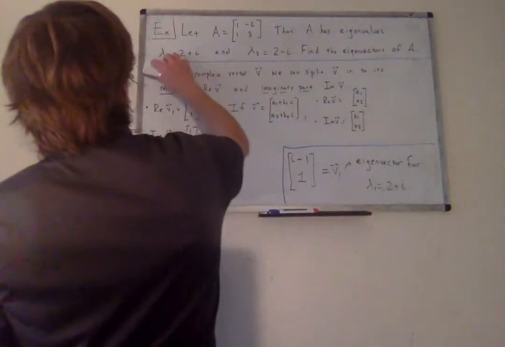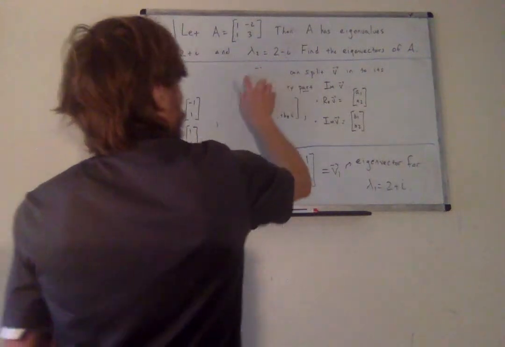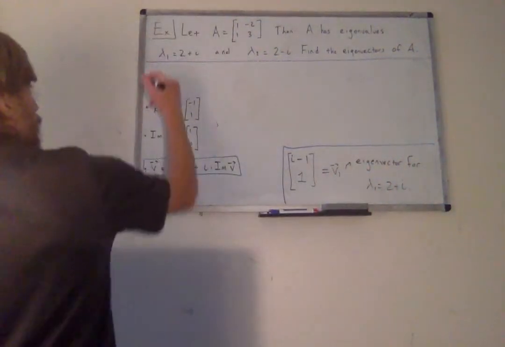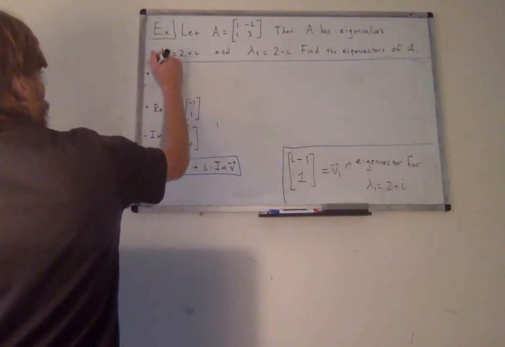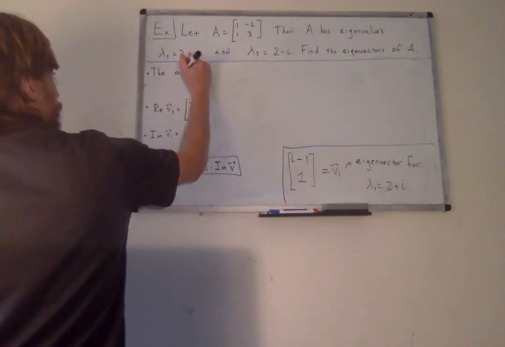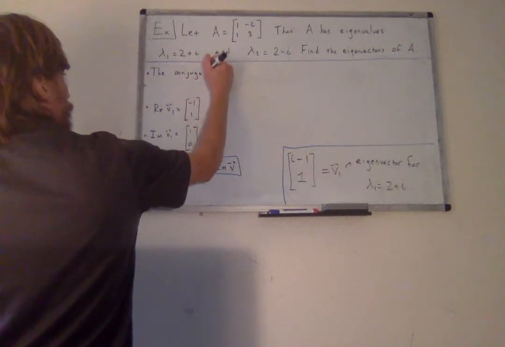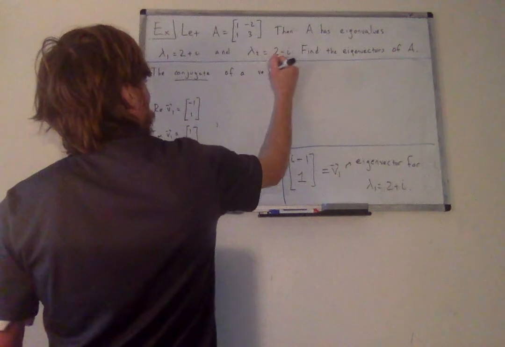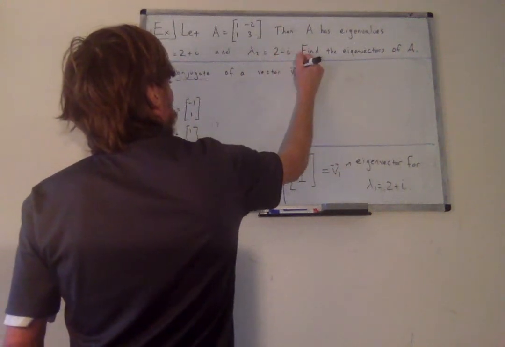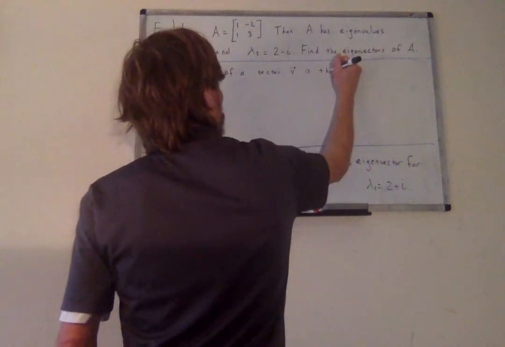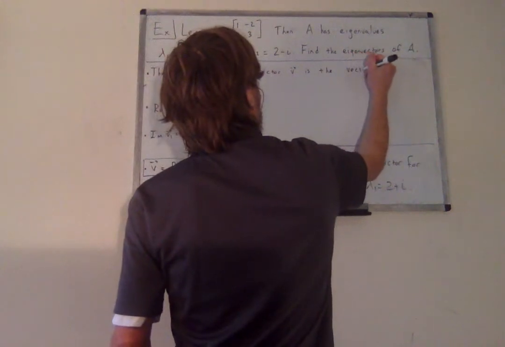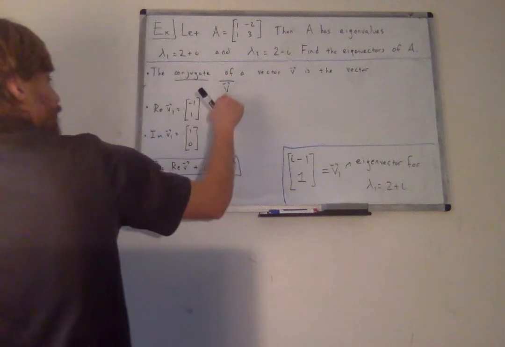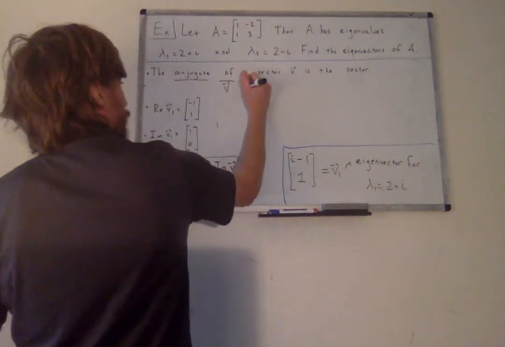And so the conjugate of a vector is basically how we define the conjugate of a number. It's just the vector v bar, so it's kind of confusing because it's a bar over the vector notation.